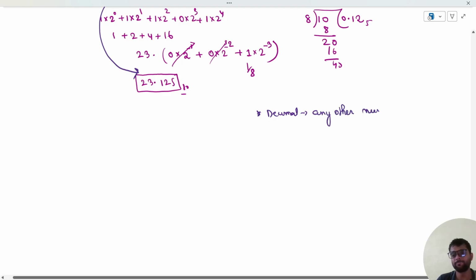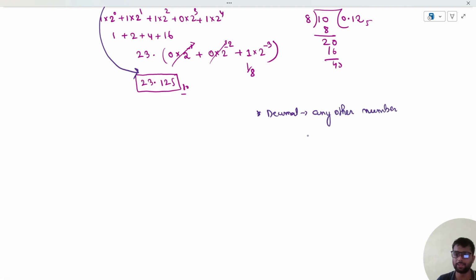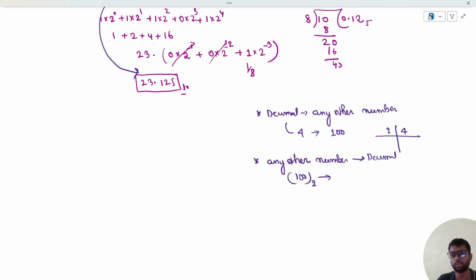The easiest way to remember this is to see the binary equivalent of 4, which is nothing but 100, and the method used for this is the division method. Similarly, for any other number system to decimal, for example, 100 in base 2 is equivalent to 4. We use multiplication.